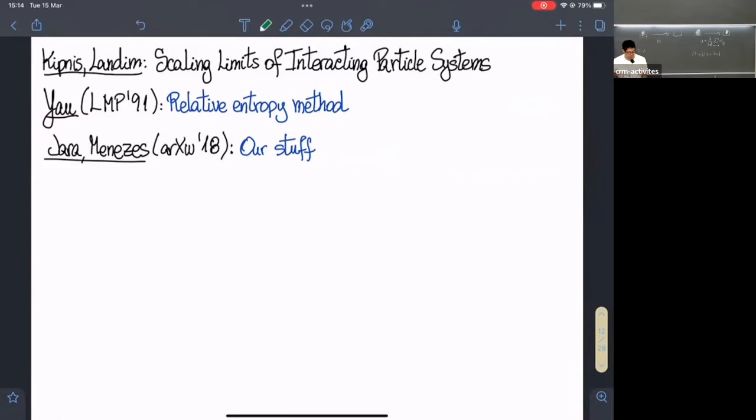Those are some references. There are tons of other references for this topic. The reaction diffusion model is a very active field of research.